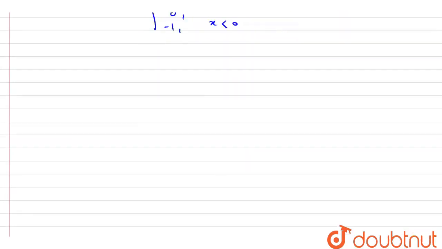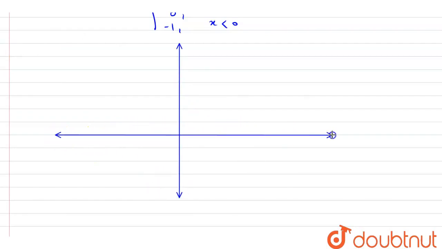Now if we plot this graph, now this is my graph, and these are the points we have, that is 0, 1 and minus 1.